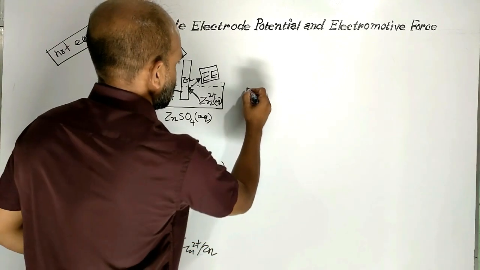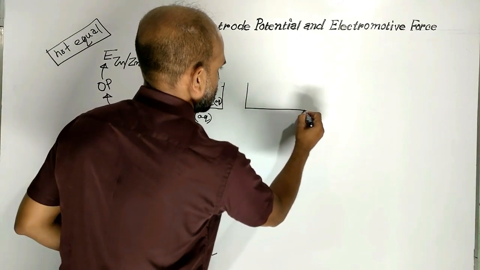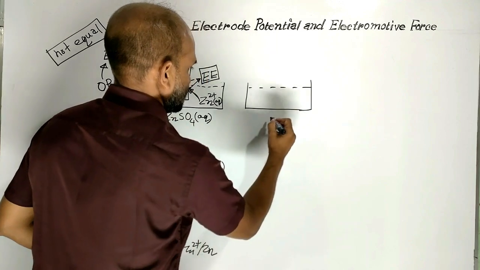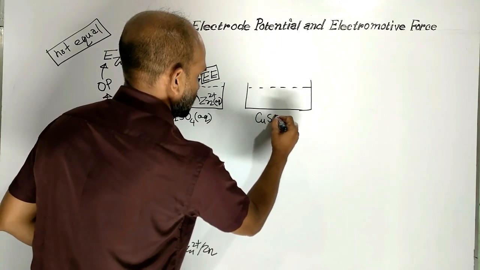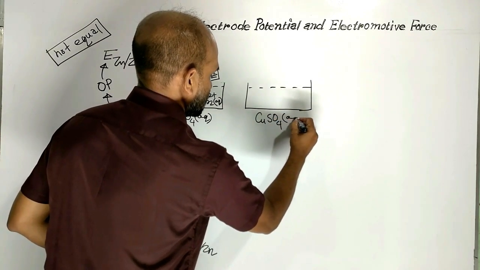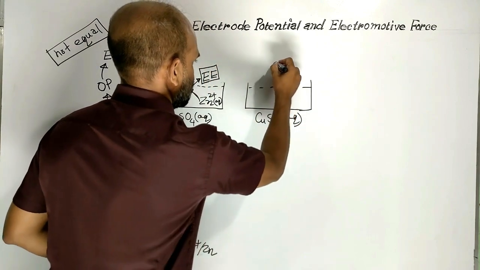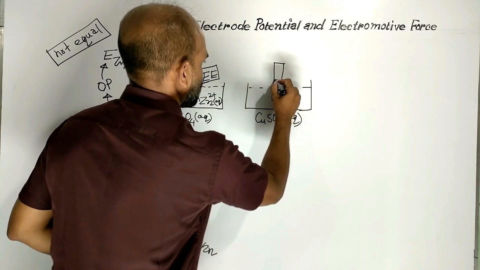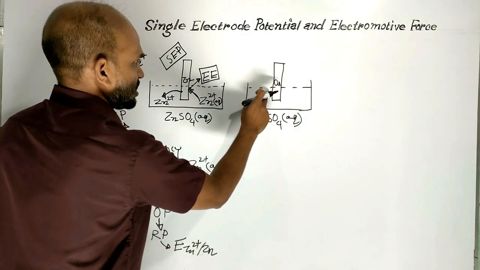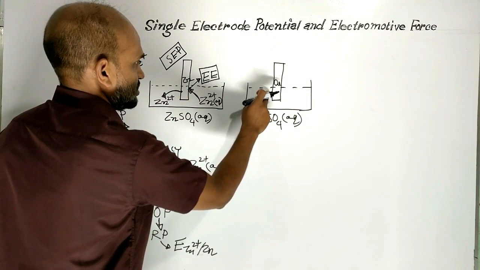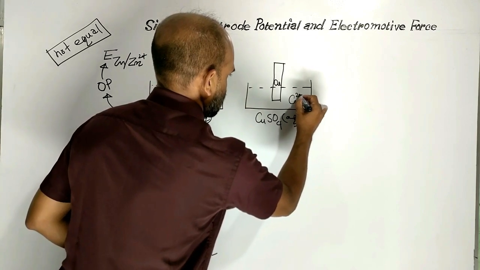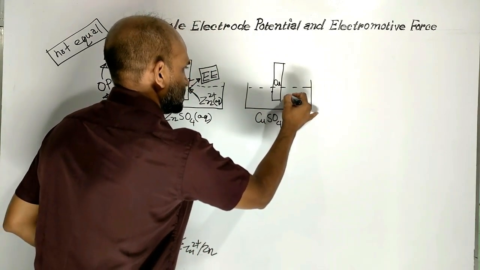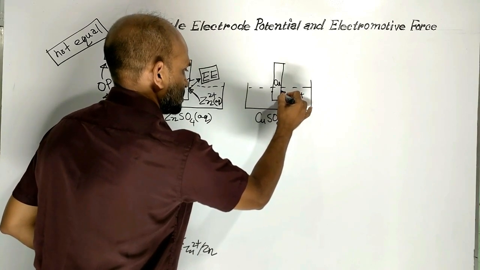Now, let us consider another vessel in which solution of copper sulfate has been taken, and in this solution a metallic strip of copper is submerged partially. Then here basically this reaction occurs.